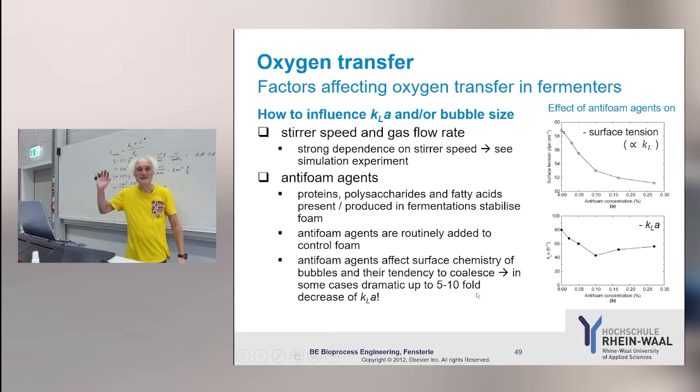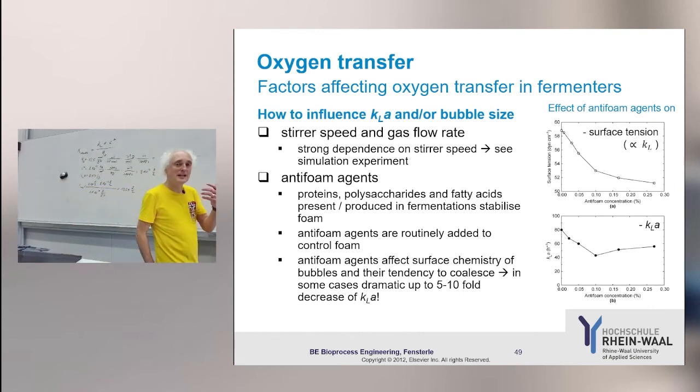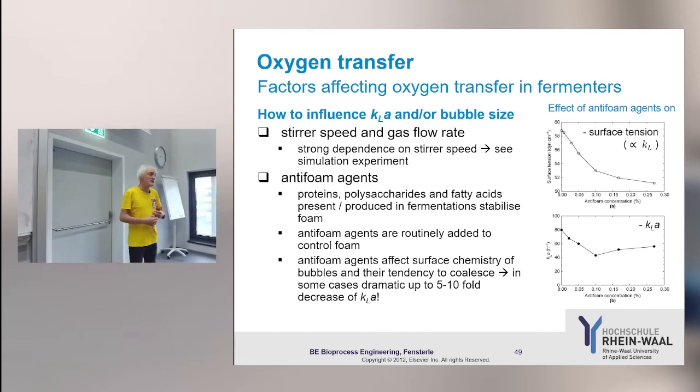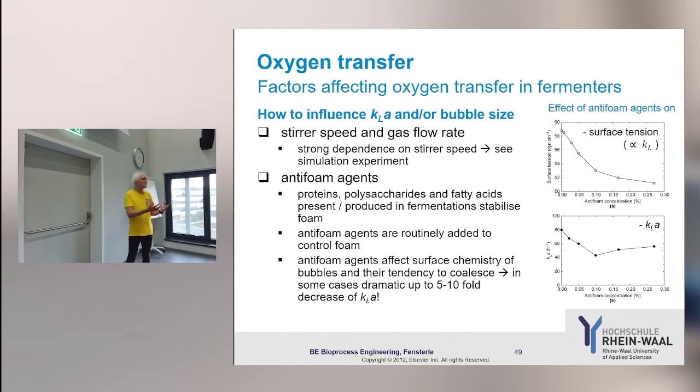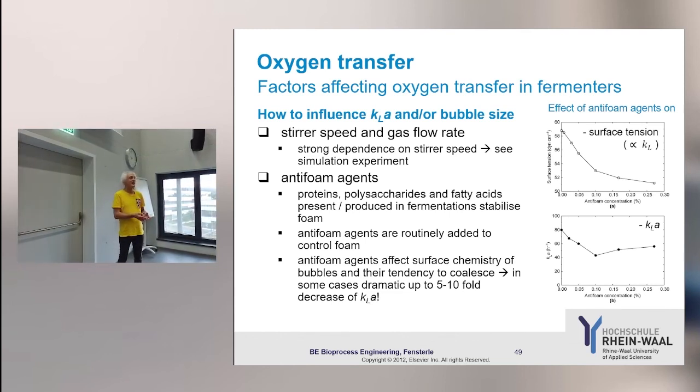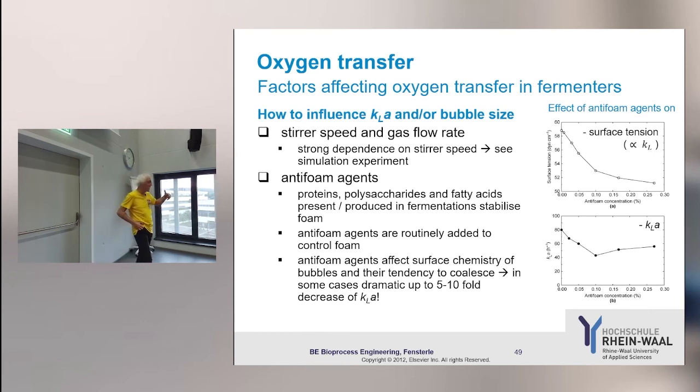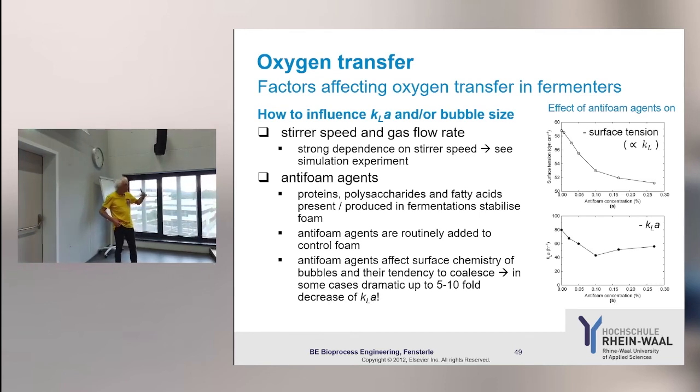And of course, the problem is that at the beginning of your culture, foam is not an issue. Foam usually becomes an issue at higher cell densities. And this is exactly when you want your higher KLA values. And then you need to add tons of antifoam. The problem is that if you have determined your KLA value with your dynamic method, and you say, okay, 20% because the medium is a bit different with solubility and so on, and then you estimate what cell density you can obtain.